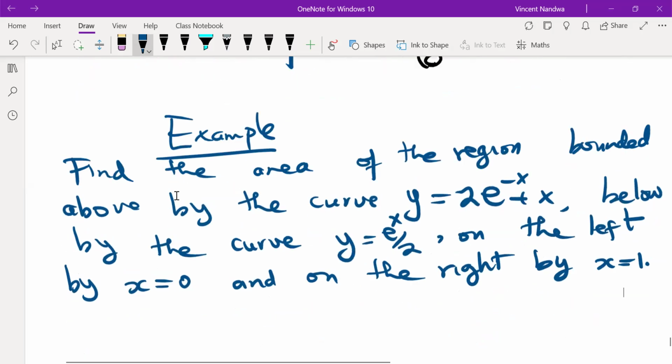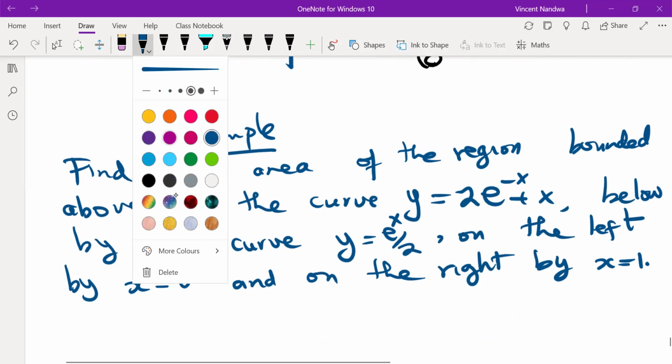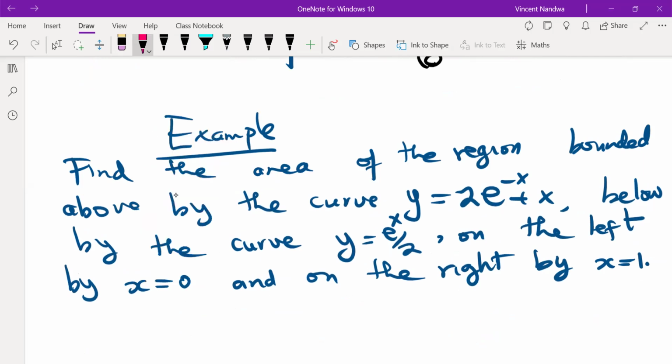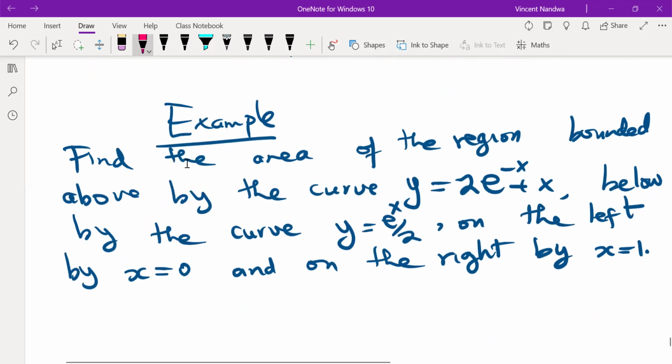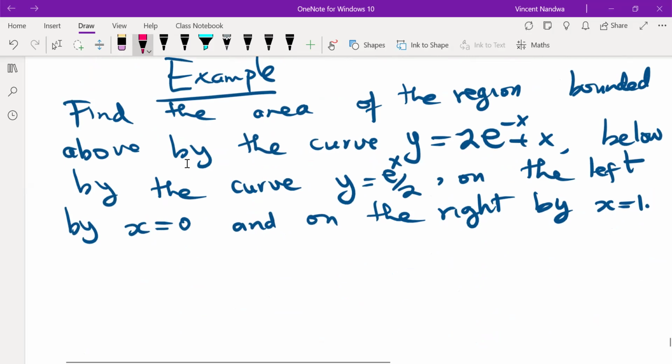So always when you are solving problems on area, you must sketch the region or the graphs given to know which one is the upper curve and which one is the lower curve.